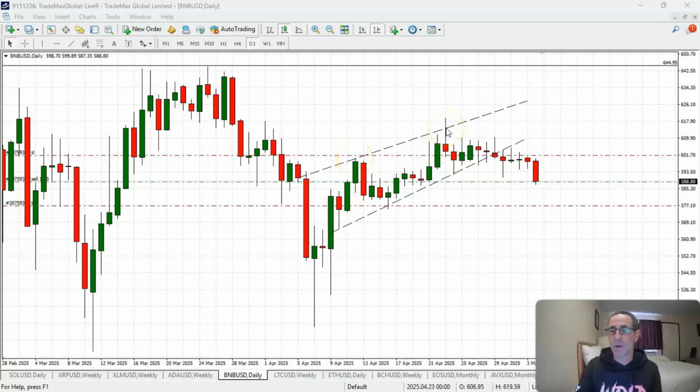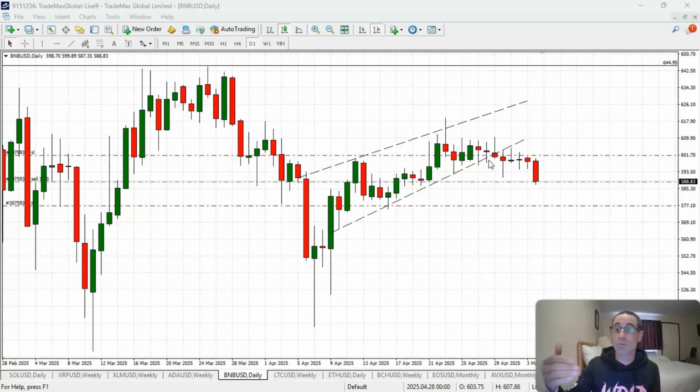On the bottom boundary, we have 1 point of contact and then a second point of contact right here. So that's where our wedge is set up and finished, right? Once we have those 2 points of contact from both sides, the wedge is ready for a breakdown.